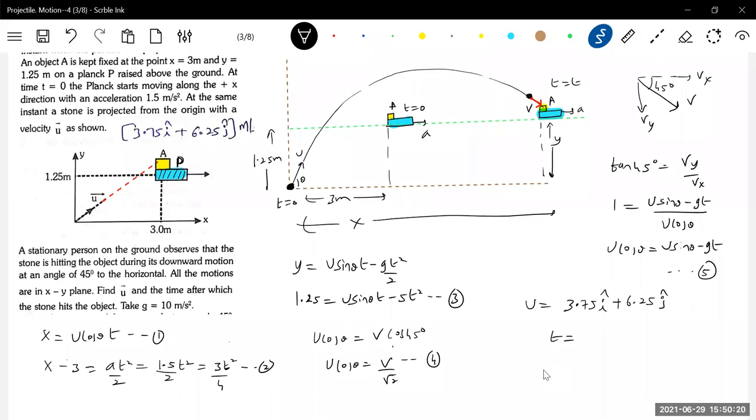One minute. I think equation 5, we can take help of equation 5. Yes, hurry up. Anybody? Value?